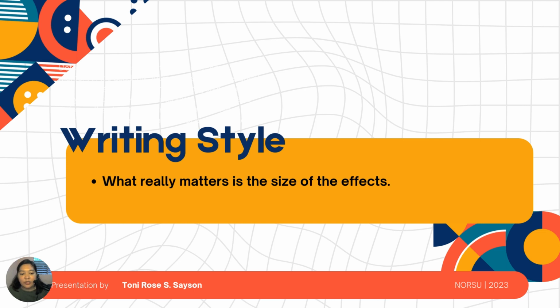Next is on what really matters in writing style. What really matters is the size of the effects, especially when you look into statistical information or results. So it's not really on the size, but rather on the significance level.